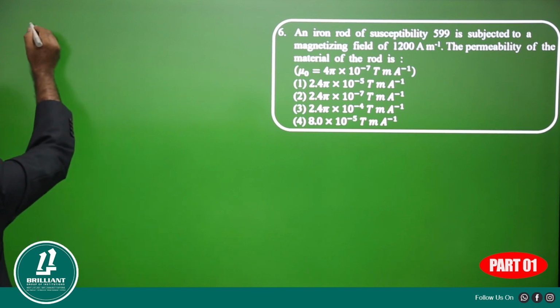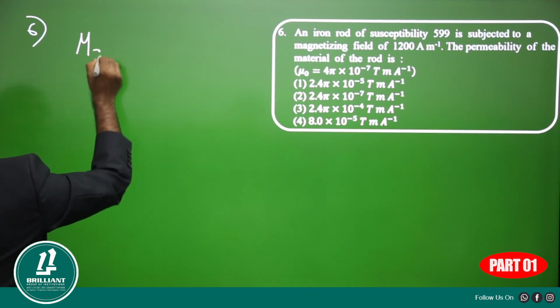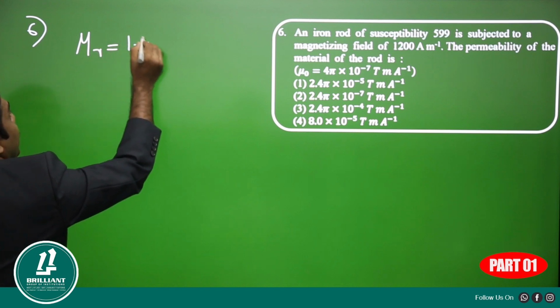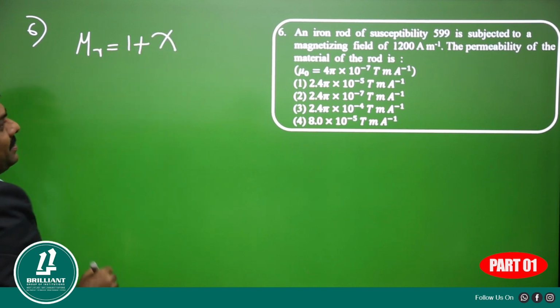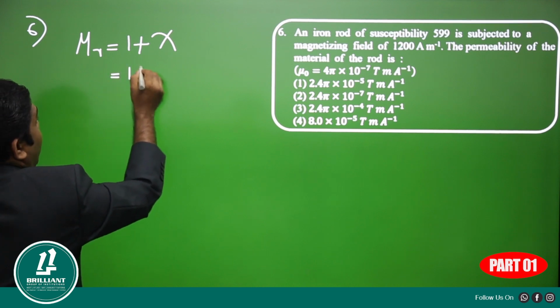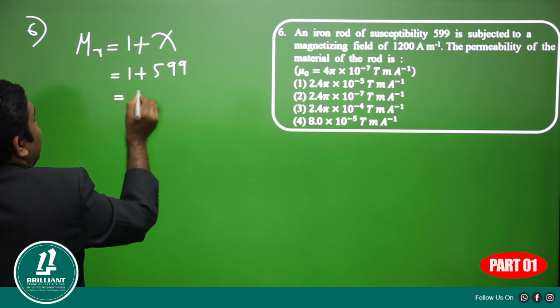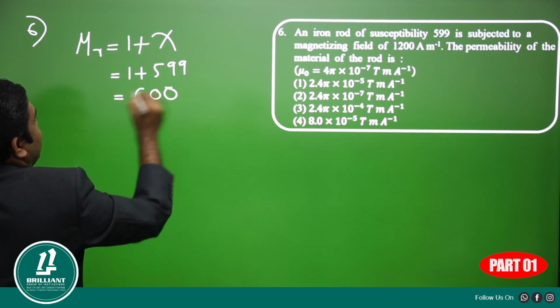See now, we have the equation mu r is equal to 1 plus chi. Chi is susceptibility and mu r is relative permeability. So that is 1 plus 599 equal to 600.